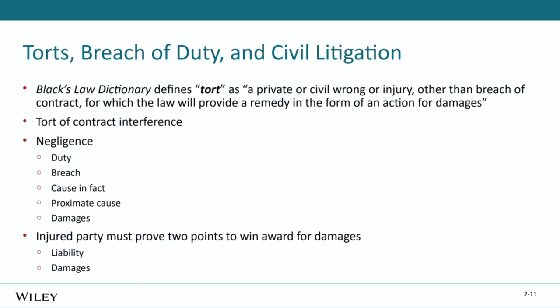Now, there's also a tort, kind of in the contract field, the tort of contract interference. So if two people have a contract to do something, and then you get involved to try and prevent that person. Let's change this around.